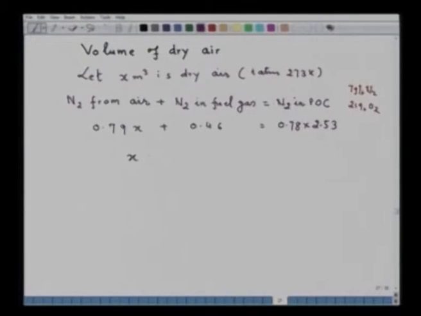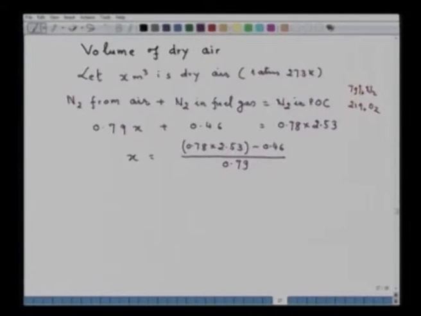The value of x would be equal to 0.78 into 2.53 minus 0.46, divided by 0.79.